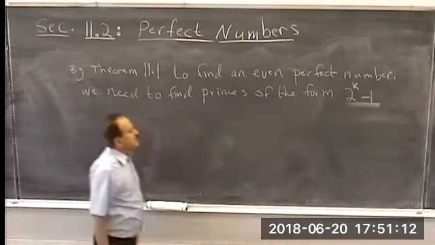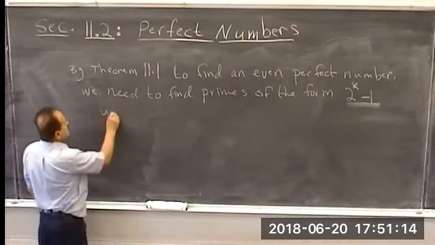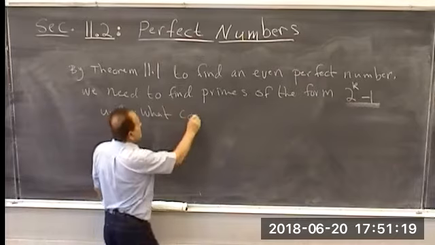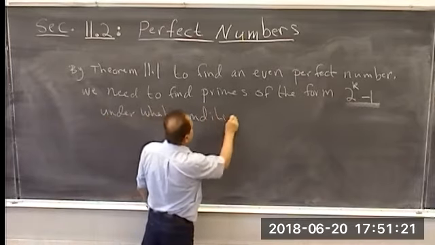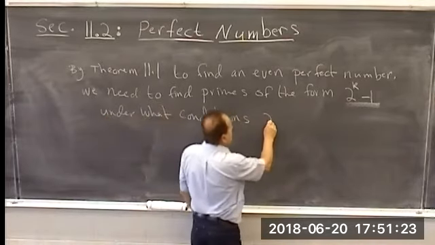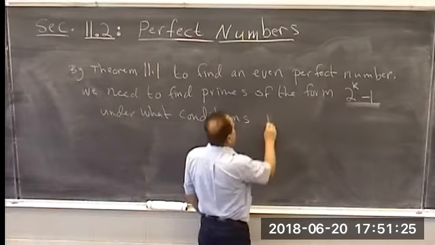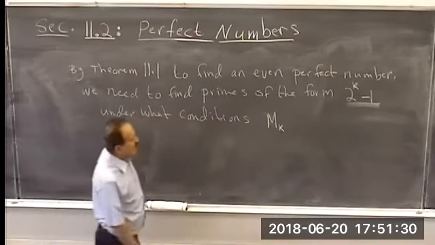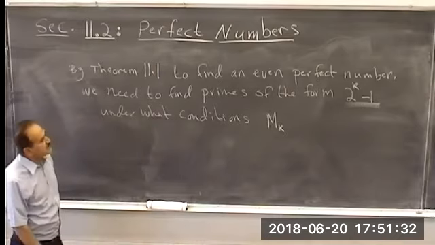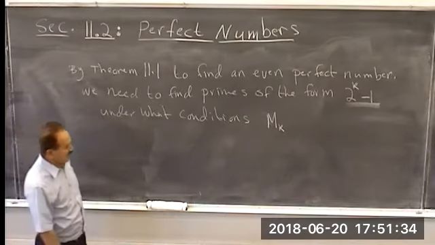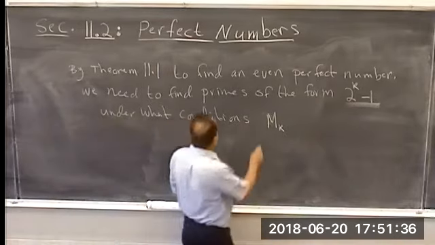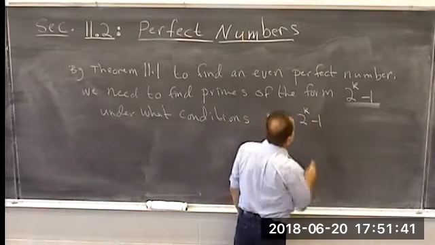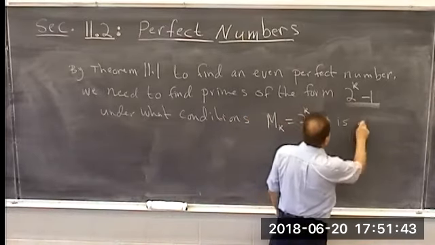under what condition this number, which I want to denote by M sub k, is a prime. All right, and later on we're going to be using this terminology. This refers to the Mersenne kth number. All right, so under what condition is this a prime.